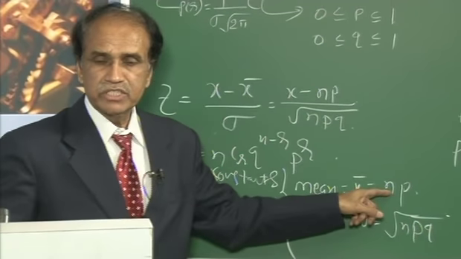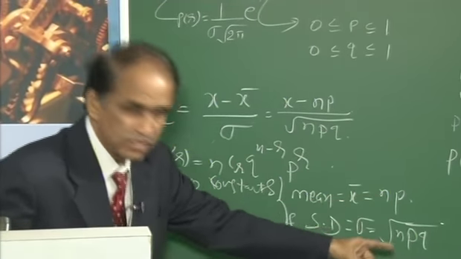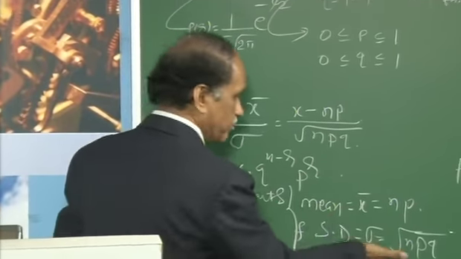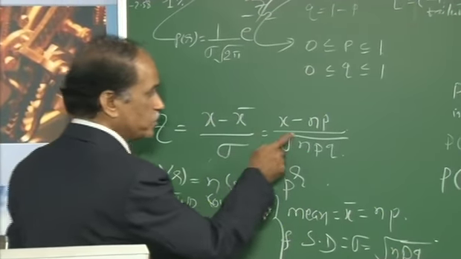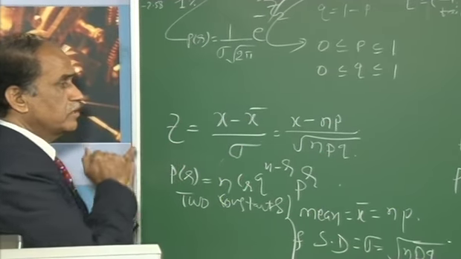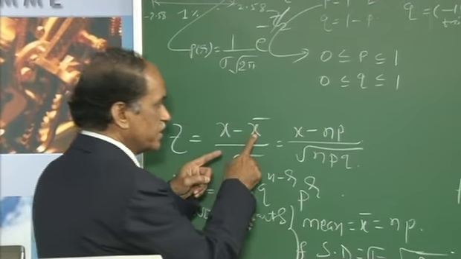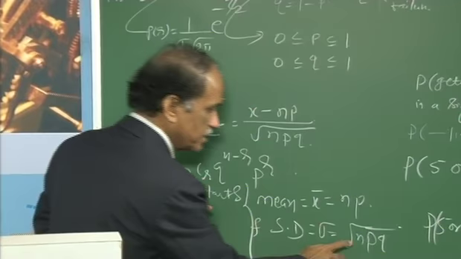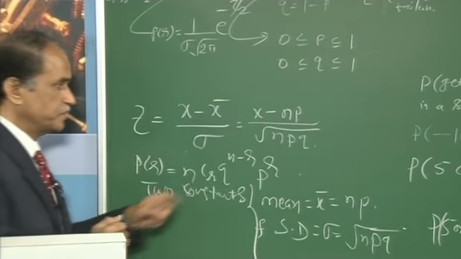I am sure you are familiar with deriving these relations in the theoretical distributions topic. I borrow these and use them in giving the value of z. Therefore, in place of x bar I put np, and in place of standard deviation I put square root of npq.